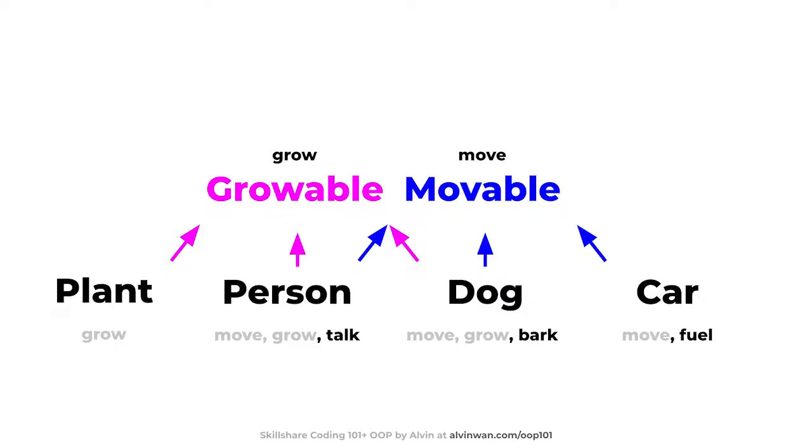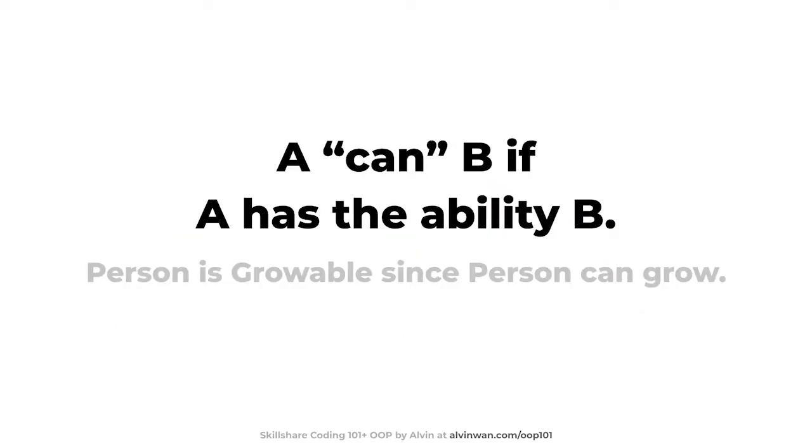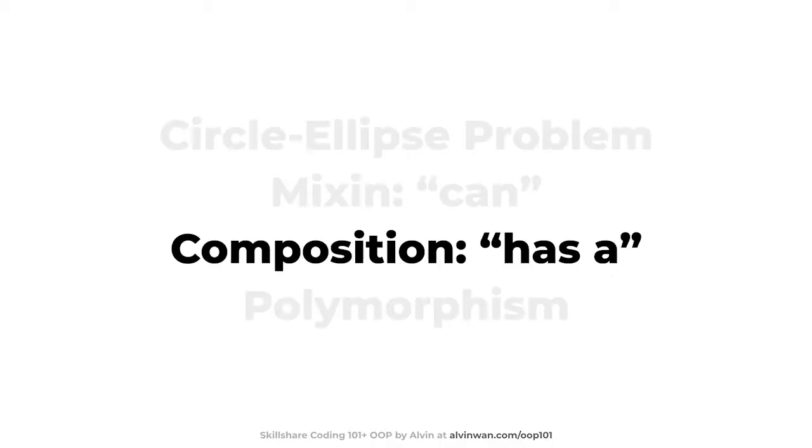A plant can grow, a person can move and grow, and so on and so forth. So in summary, A can be B if A has the ability B. For example, a person is growable since a person can grow. The official name for these ability-based classes are mixins, which greatly improve the flexibility of your code. You can mix and match any number of different abilities for each new class you define.